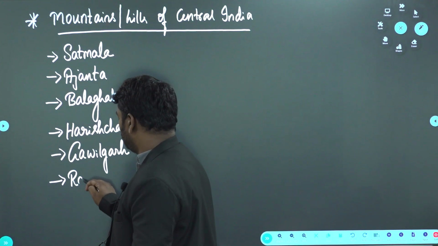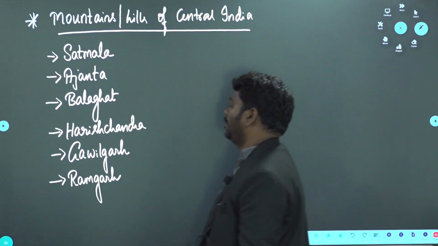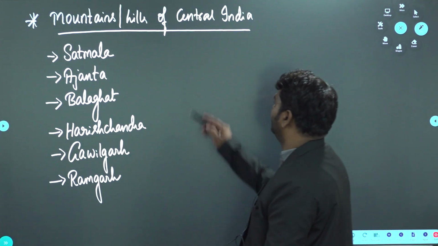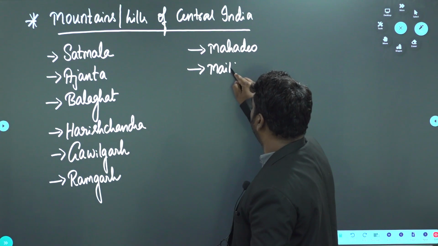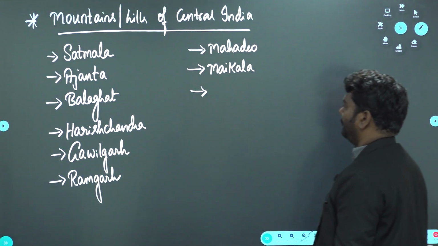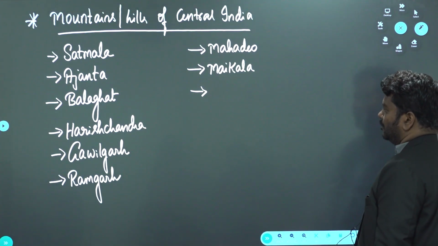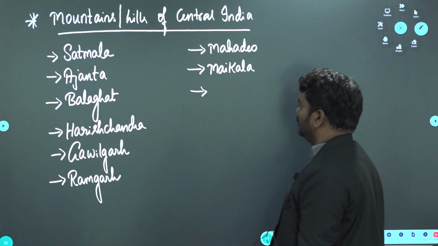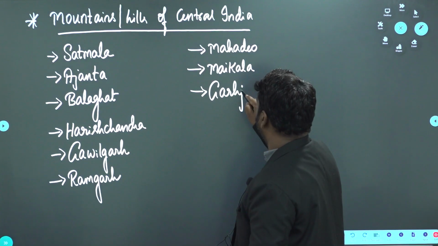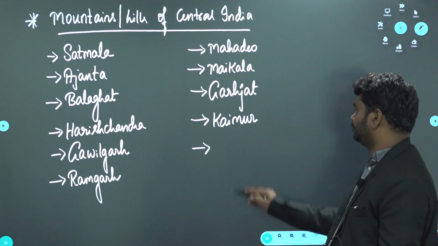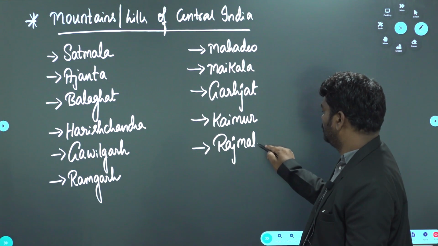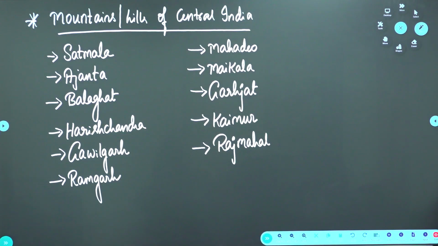Gavilgad, Ramgad, Mahadiyo, Maikala, Garjat. Previous year question, Kaimur, Rajmahal.